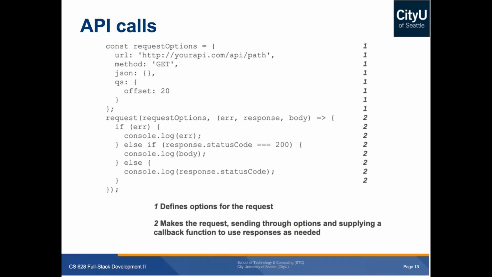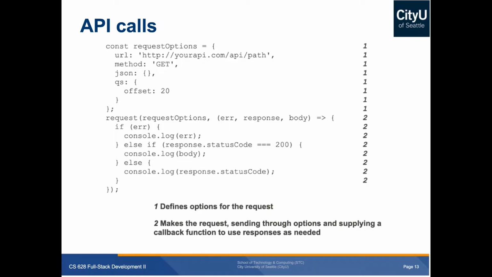So for API calls, let's say you define your options. Your request option has this API path, and the method you want is maybe a GET or POST. It's a GET, so the JSON is empty, because we're not submitting any data; we're asking for data or a resource. The query string offset, again, is optional. After you have that request option, we define that variable, just for ease of reuse.